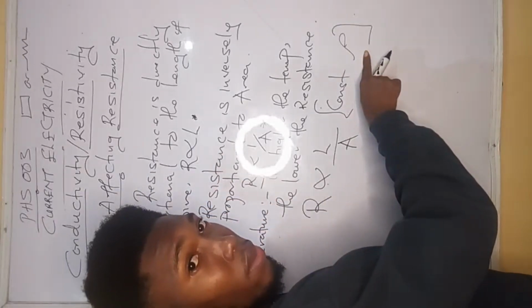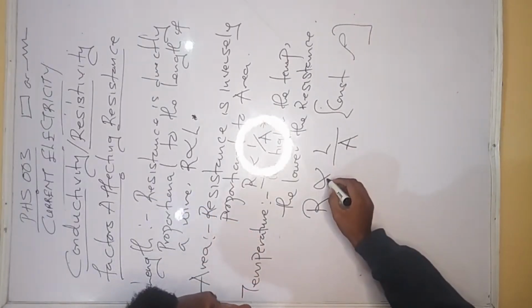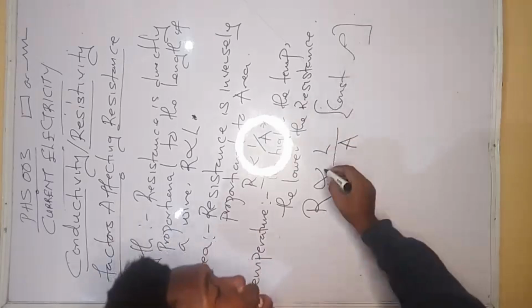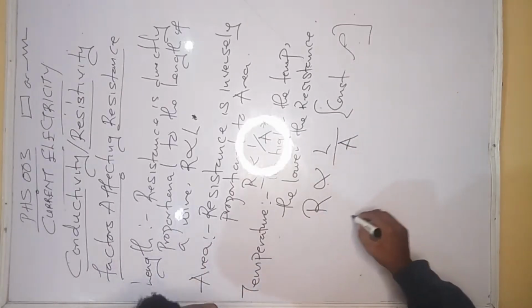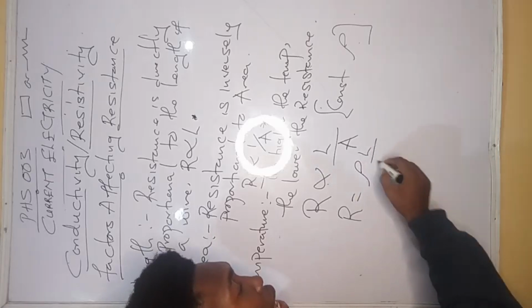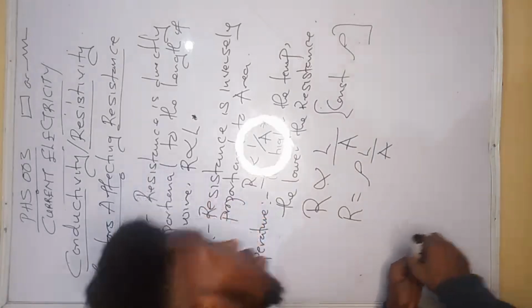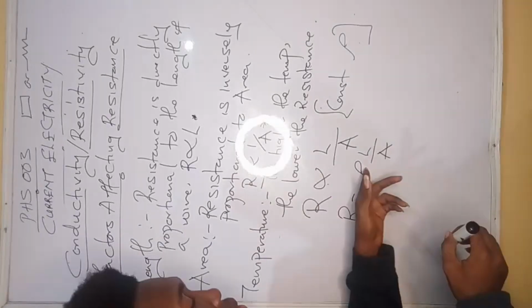To remove the proportionality sign, we bring in this constant and make it equals to. So R is equals to rho, that is resistivity, L over A. R is equals to resistivity L over A.